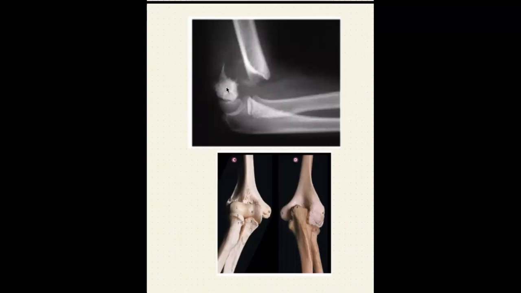So what are the associated injuries that may occur in a supracondylar fracture? In case of supracondylar fracture, there may be injury to the ulnar nerve, ulnar artery, median nerve, and in case of a complete fracture, the radial nerve may also be injured. What will happen after injury to the ulnar nerve?